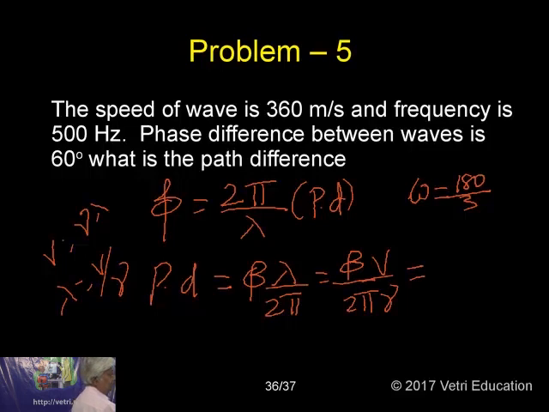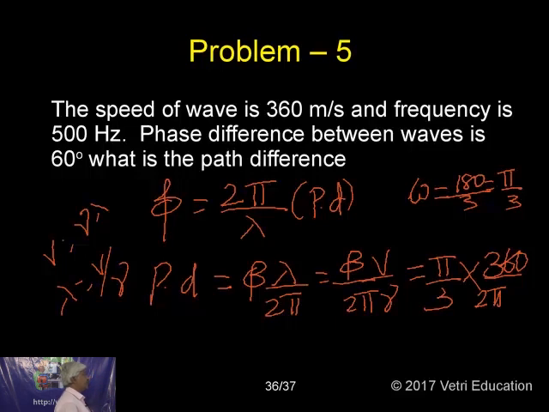60 degree is nothing but 180 by 3, and 180 is nothing but pi radian. So pi by 3 into the velocity. The speed of wave is 360 divided by 2 pi into the frequency, 500 Hz. So this pi gets canceled, this 360 gets canceled.